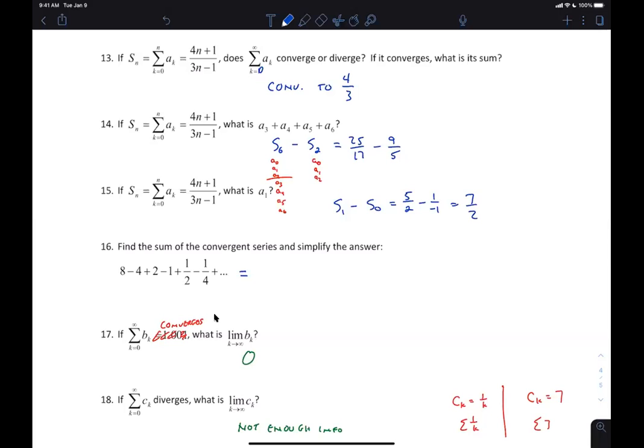I think the easiest way to write this series is as the sum k equals 0 to infinity of 8 times the common ratio -1/2 to the k. This is A0, this is A1, this is A2, and A3. At A0, you don't multiply at all, so you want a power of 0.